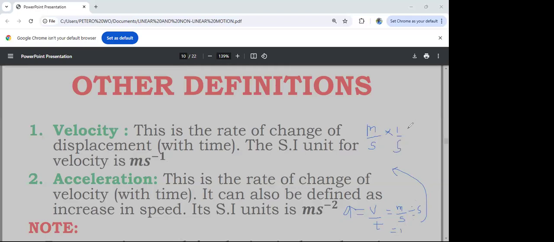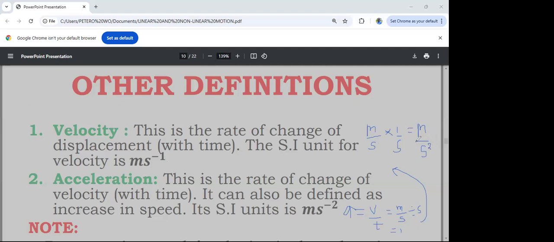So we get meters, M, out of the seconds, but now the seconds are second times second, which becomes seconds squared.